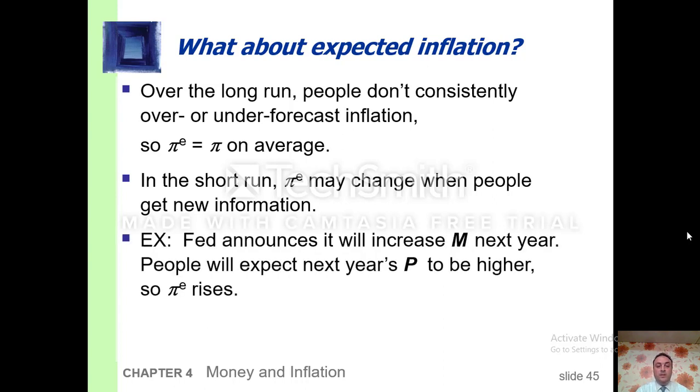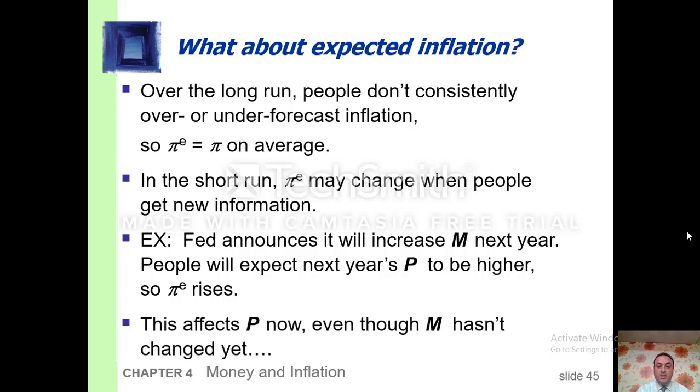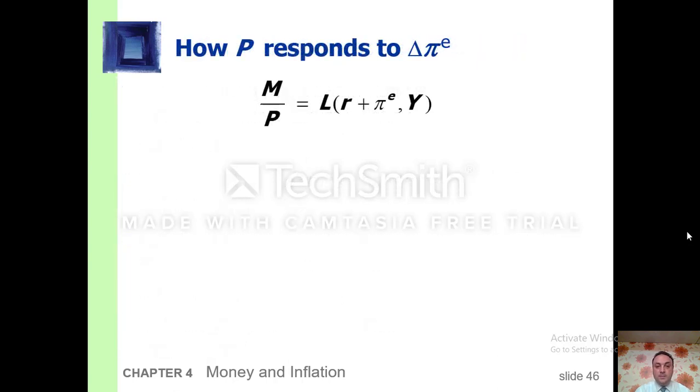For example, if the central bank announces that it will increase the money supply next year, what does this mean? People will expect next year's prices to be higher, so the expected inflation rate will rise. This affects prices now, even if the money supply hasn't changed yet. So this is how prices respond to a change in the money supply.